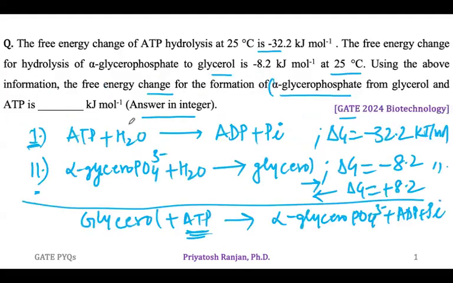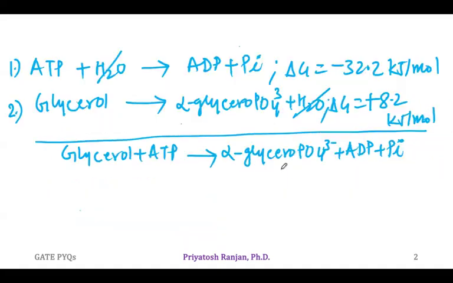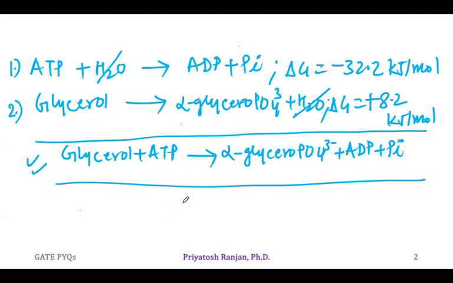So initially it was the formation of the glycerol. Now I have changed it to the formation of glycerophosphate, because if you look at the overall reaction, only then this condition will give you the formation of the alpha-glycerophosphate from the glycerol and ATP, because these are the two individual free energy changes for these reactions, and if I combine them, I'll get this particular reaction.